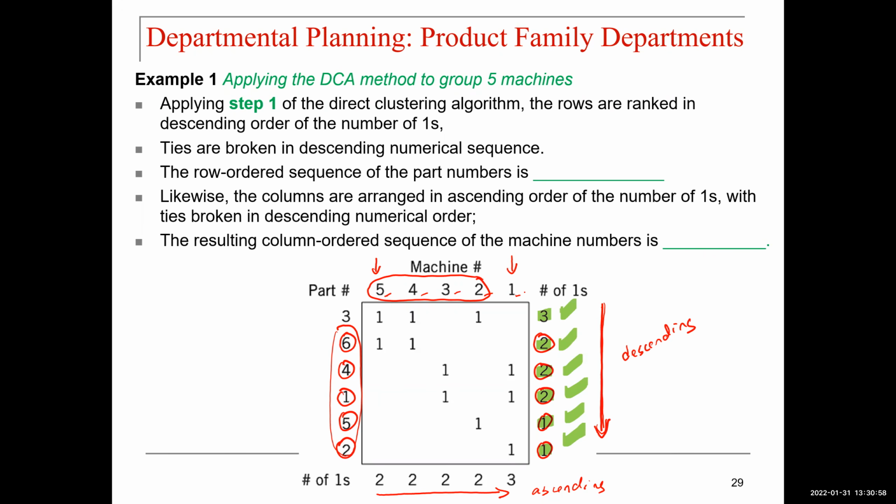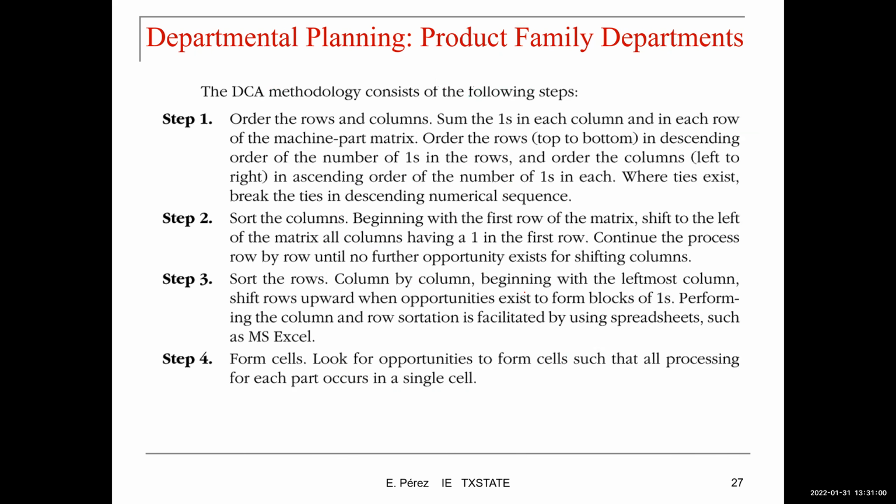If you remember step 2, we're going to sort the columns beginning with the first row of the matrix. So we're going to look at the first row, and we're going to shift to the left of the matrix all columns having a 1 in the first row. We're going to continue this process row by row until no further opportunities exist for shifting columns.